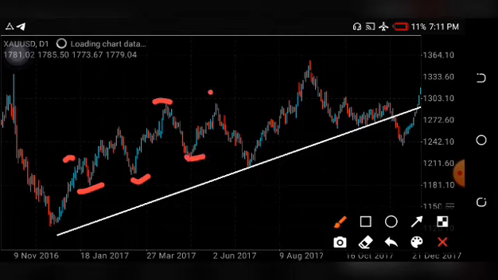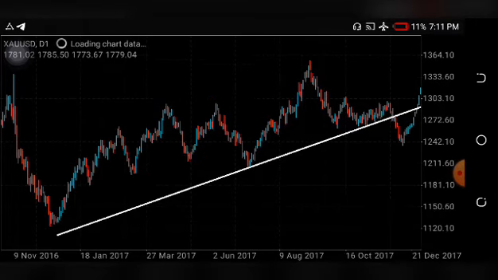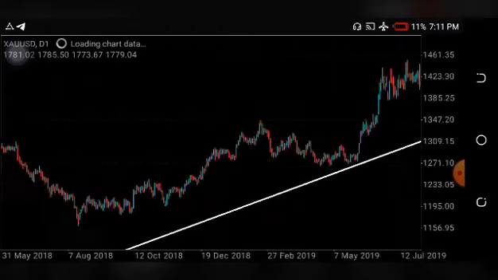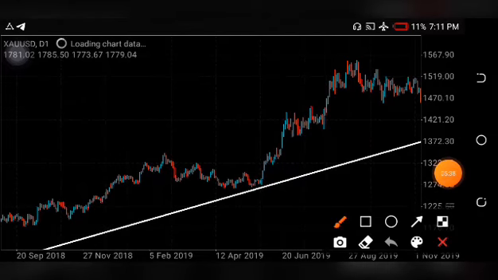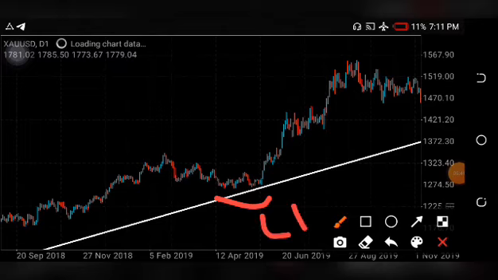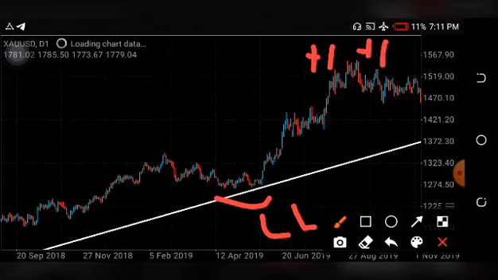Let's get more examples. Let me change. So you see, this is a lower low, lower low, higher high. Why did we say this here is a higher high?